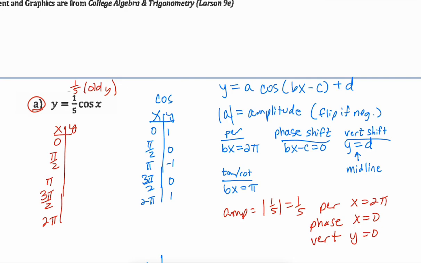But our y's, we have to multiply all the old y's by 1/5. So 1/5 times 1, 1/5 times 0, 1/5 times -1, 1/5 times 0, 1/5 times 1. So now we have everything we need to know. We have a new chart for our new graph. We have the amplitude, the period, the phase shift, and the vertical shift for our graph.